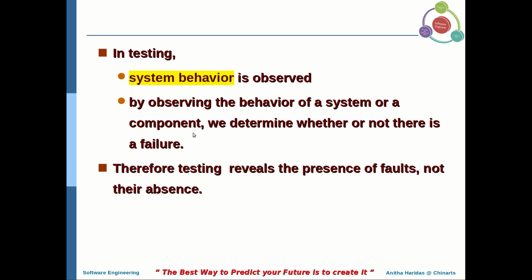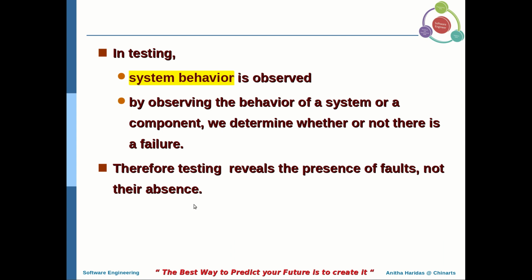Since you observe the system behavior and find out whether any failure is available, testing generally reveals the presence of faults and not their absence. That is the definition we have seen. Testing is not just about understanding that the program is correct.